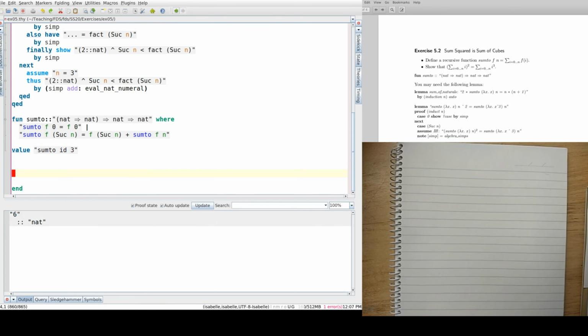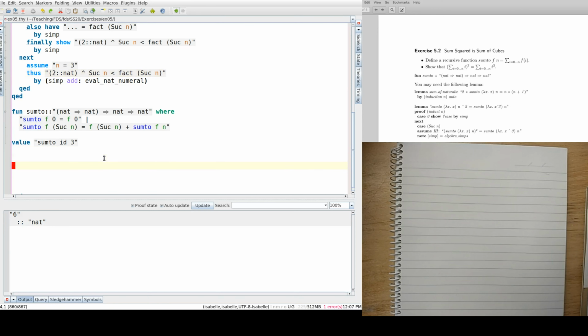So let me now go to what we need to prove, which is the more interesting part. Basically, I want to show that this squared is equal to that cubed. Okay. So again, let's write that theorem statement. Firstly, we'll probably need this lemma there.